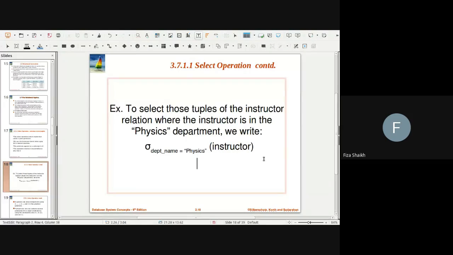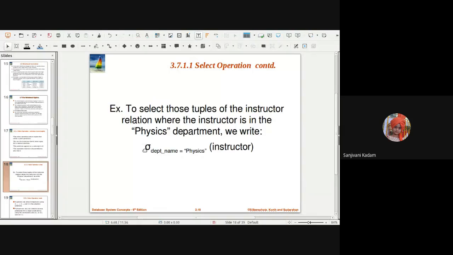Sorry. Select salary equal to... Yes, exactly. So here we are passing the predicate by using the sigma symbol. It means whatever this sigma is, it is read as select here.